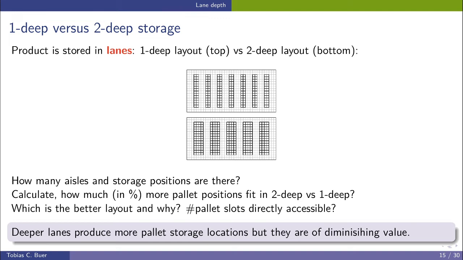First of all, I think what might be confusing is how to count this 1 deep and 2 deep storage. In the upper picture you can access one of the dark black storage locations from the left side and from the right side.